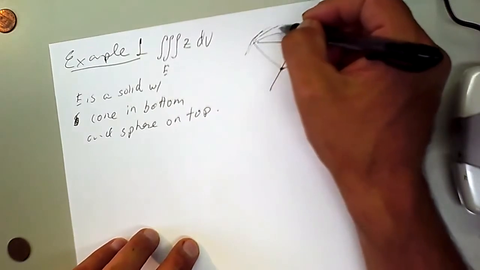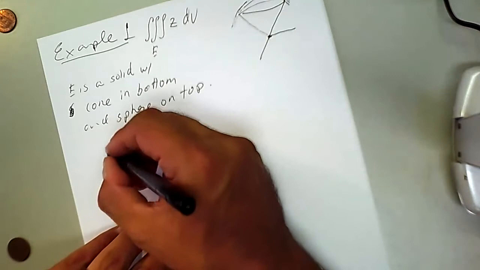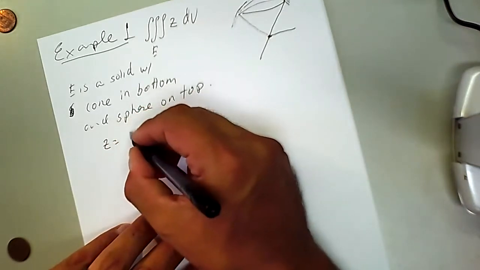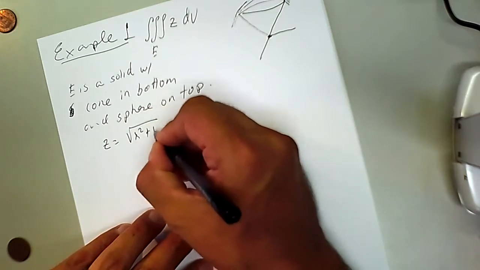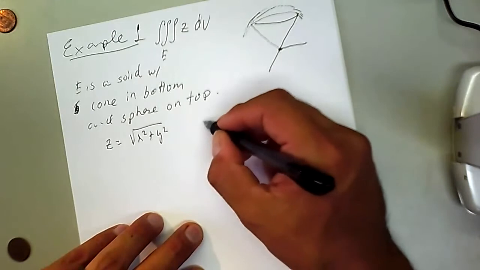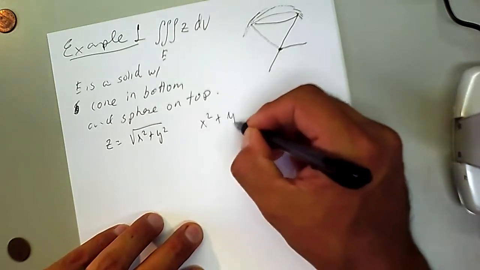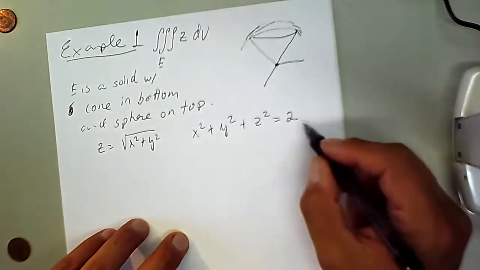So the intersection between the cone and the sphere. The equation of the cone is z equals square root of x squared plus y squared. So that is the cone. And the equation of the sphere will be x squared plus y squared plus z squared equals 2, not 1.